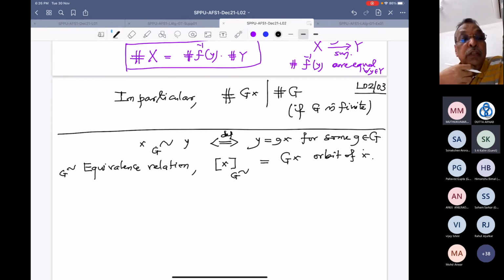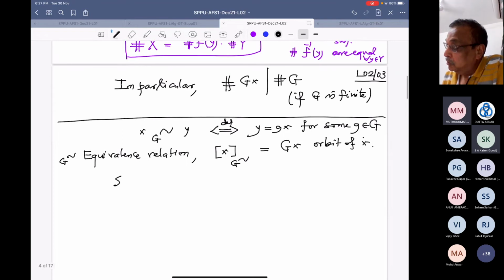And so what does an equivalence relation do on a set? It gives a partition. And then you have a quotient set. So the partition is this.